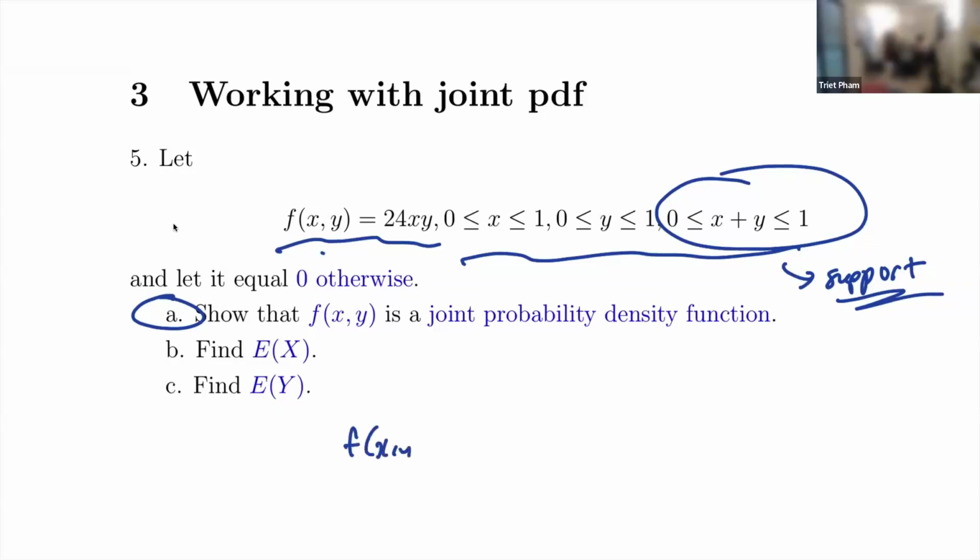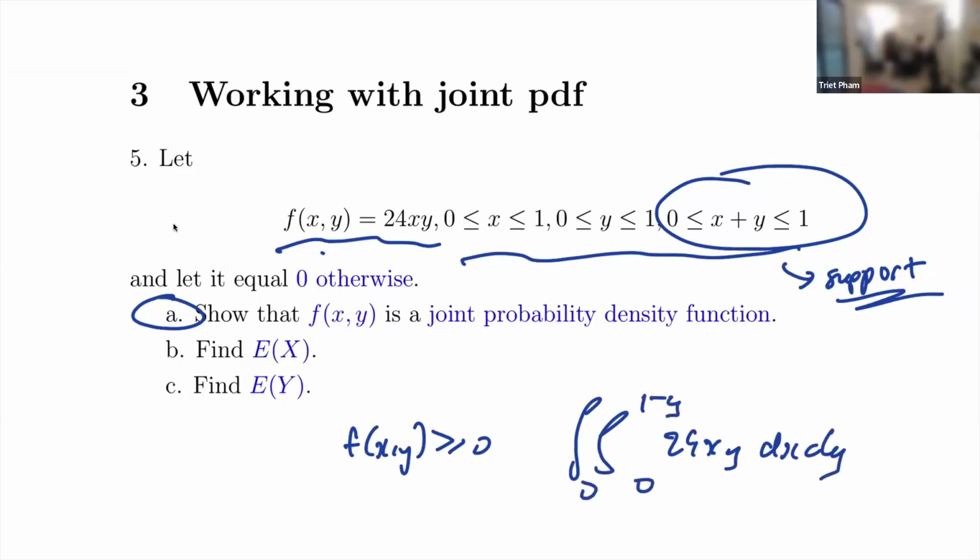So the answer for A is pretty simple. You just have to state that they're non-negative, which is kind of obvious. But then you have to show that the double integral of 24xy dx dy, x from 0 to 1 minus y and y from 0 to 1, is equal to 1. It will be to your benefit to draw the region out, which is this part right here.